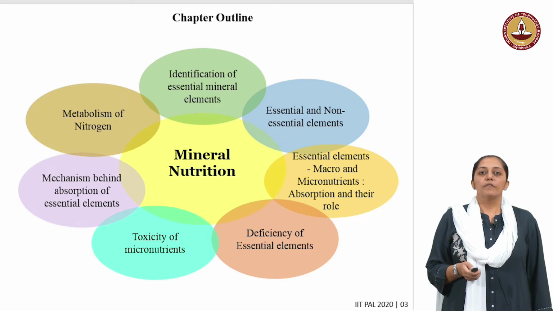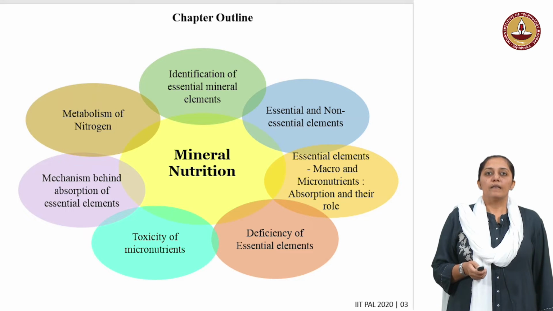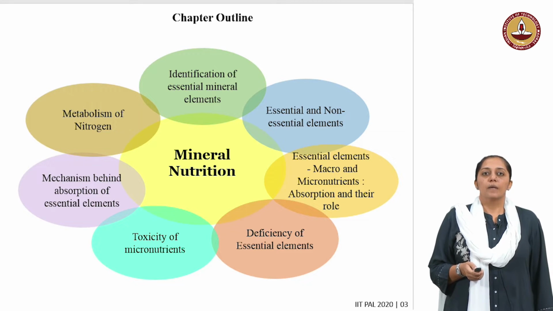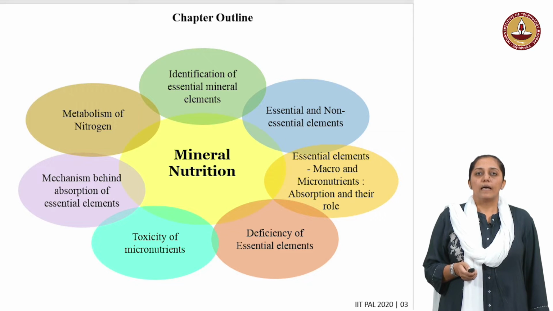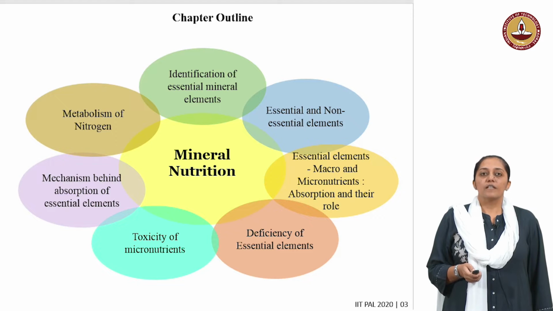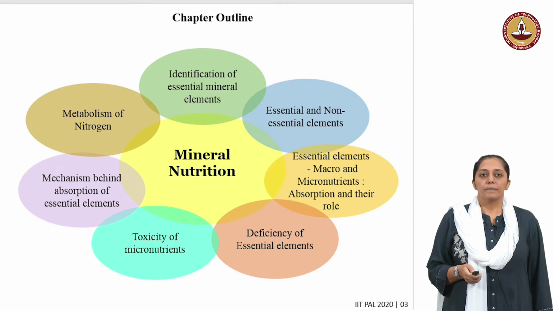So majorly we will be focusing on toxicity of micronutrients, then the mechanism behind the absorption of these essential elements, and in the end we will discuss briefly the metabolism of nitrogen in plants, including the different ways in which nitrogen is assimilated in the plants.